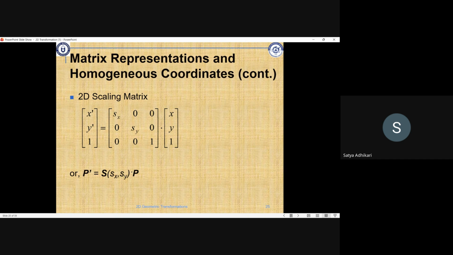Here also we have added the extra column, the last column, and the extra row, the last row. Okay, so now this is a scaling matrix using homogeneous coordinate. So this is a representation of a scaling matrix using homogeneous coordinate.